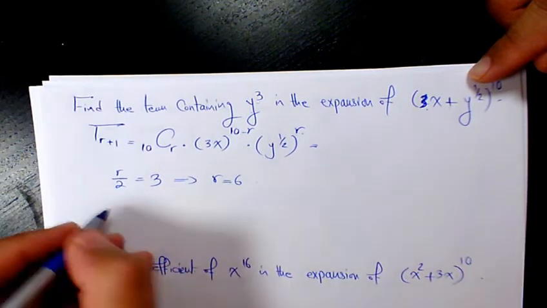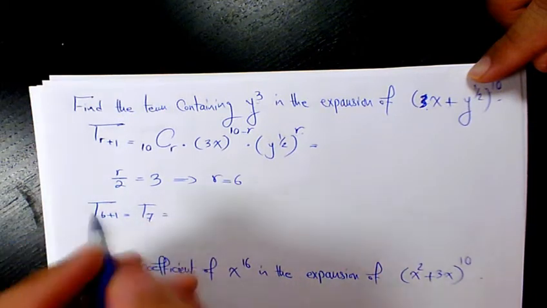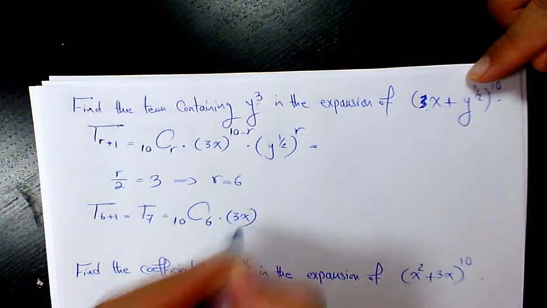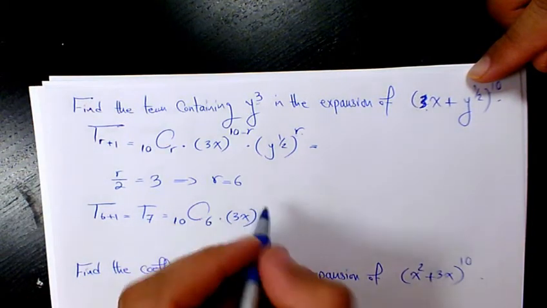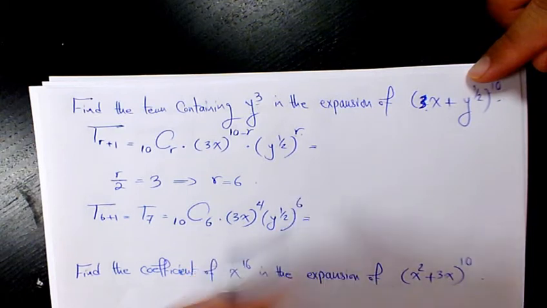And it means that we are talking about 6 plus 1, which is T7. That's going to be 10 C6, 3x to the power of 10 minus 6, which is 4, times y to the power of 1 over 2, to the power of 6.